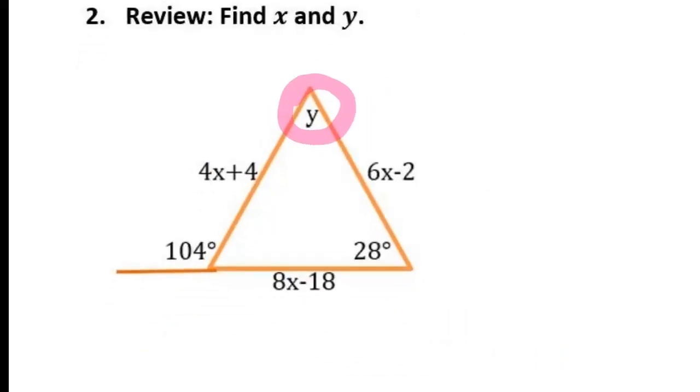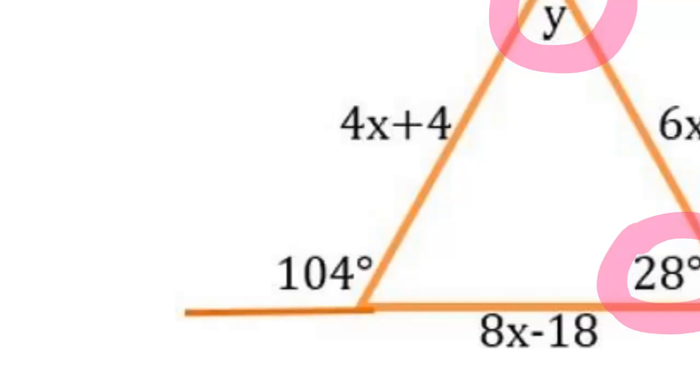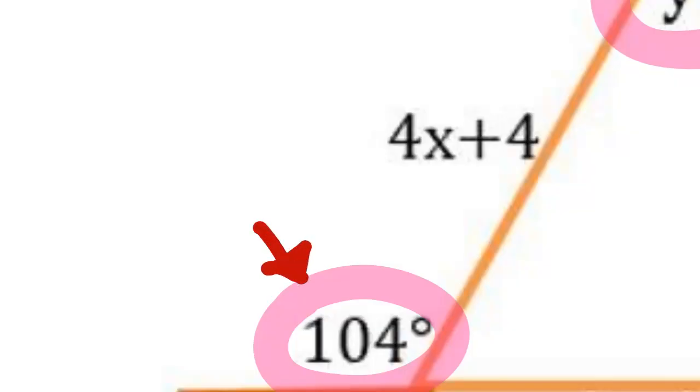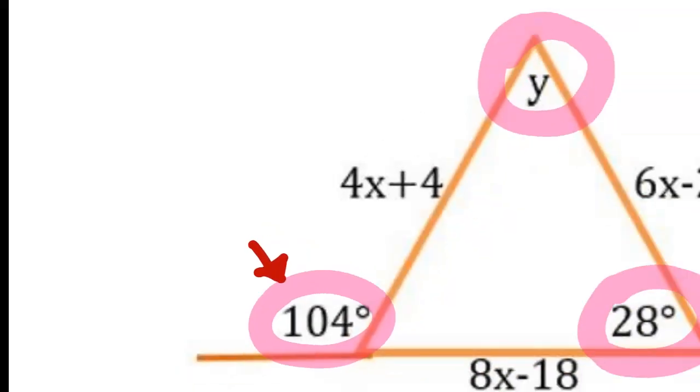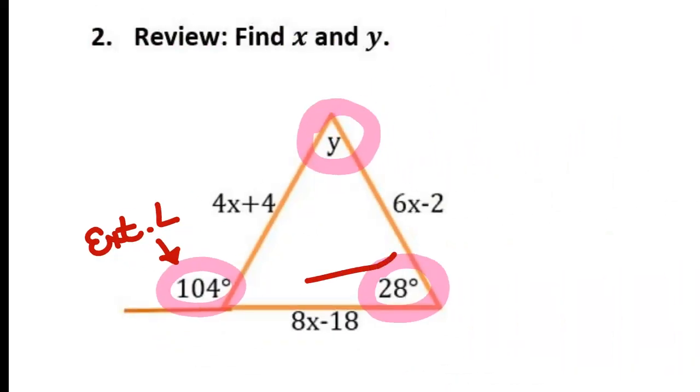Y is right here, which is an angle. What other angles do we know? 28 and 104. 104 is on the outside. What do we call angles that are on the outside? Exterior angles, yes. There's an exterior angle.